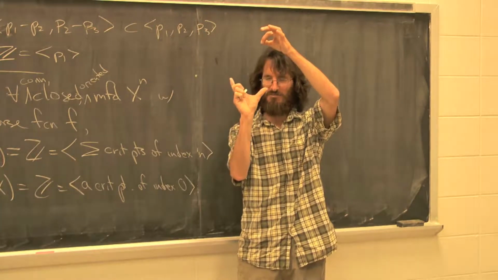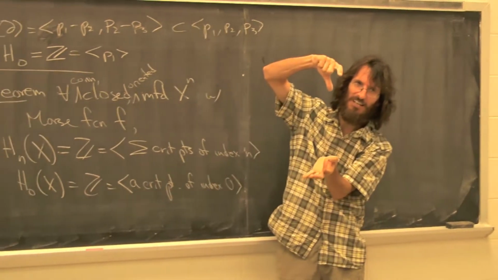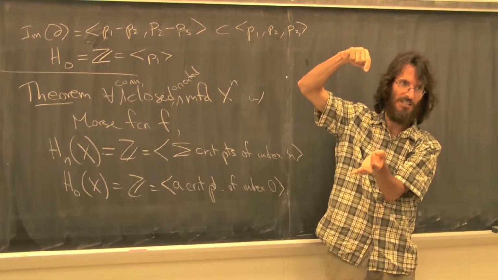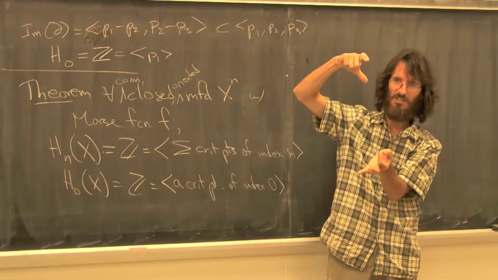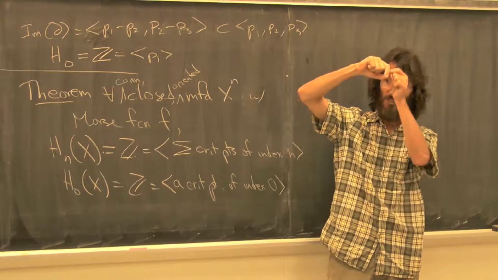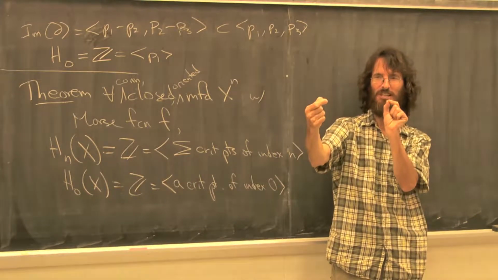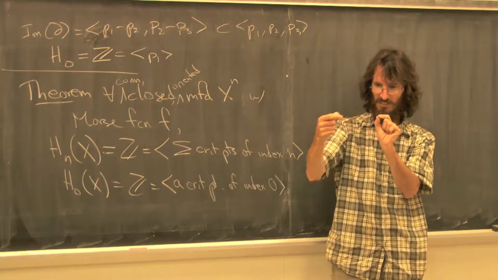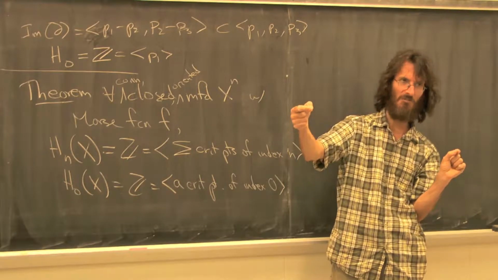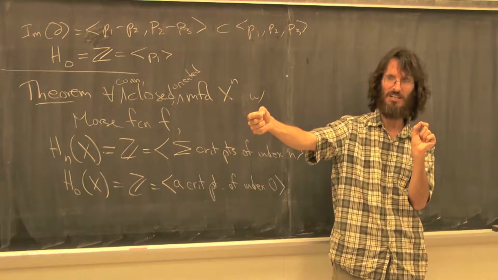So I can momentarily turn things upside down. I'm looking at flow lines from index 1 critical points down to index 0 critical points. And index 1 critical points always have two descending manifolds, and one of them will hit one index 0 critical point, one will hit a different one, but they're always with opposite signs.